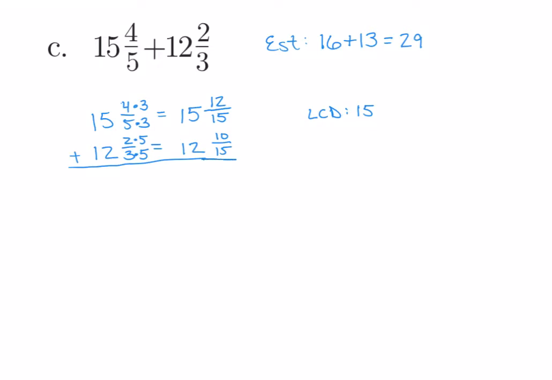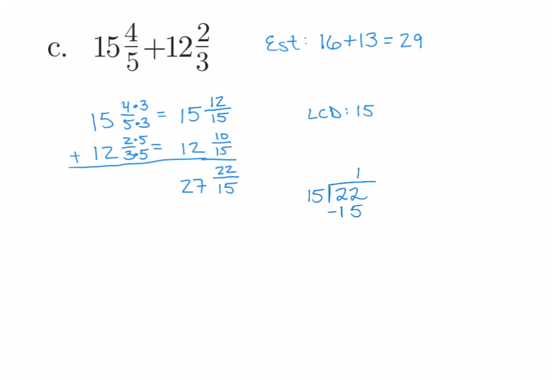All right, if we add straight down now, we get 15 plus 12 is 27. 12 plus 10 is 22. And we keep the denominator. Again, this here is an improper fraction, so I need to go ahead and convert it to a mixed number. 15 goes into 22 one time.